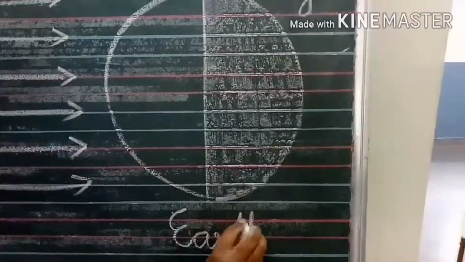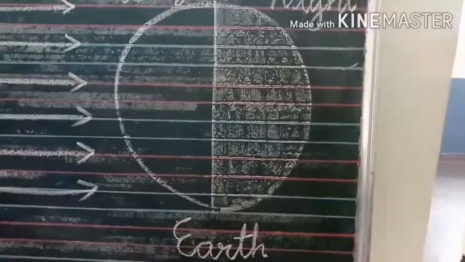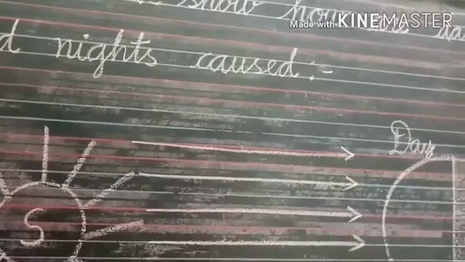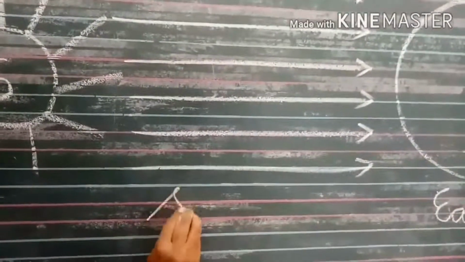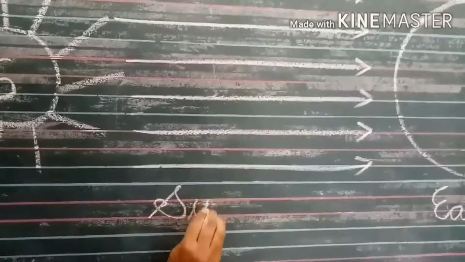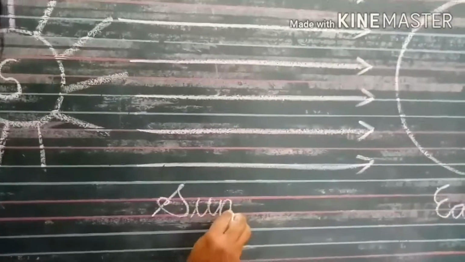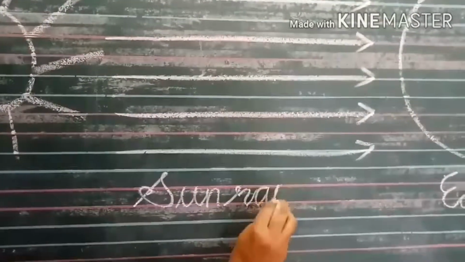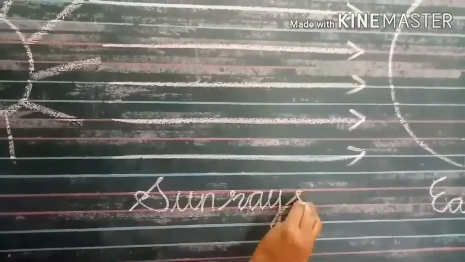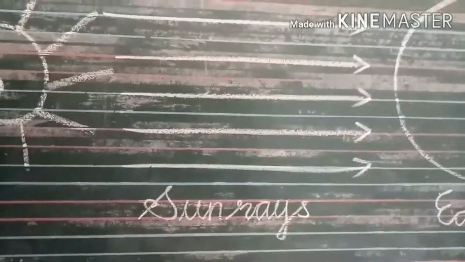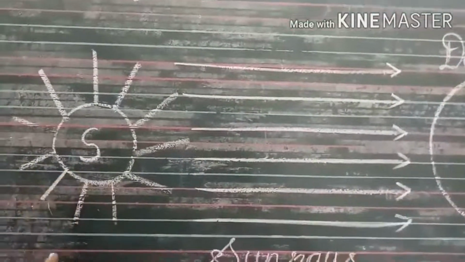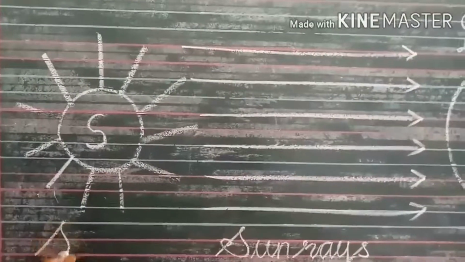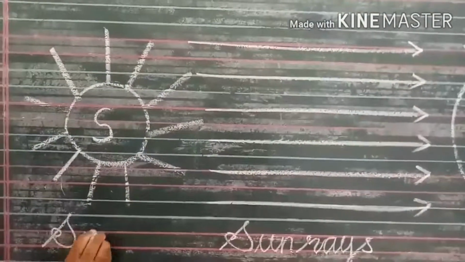First letter is S. So S, U, and N. The answer is sun. Right children? Yes.